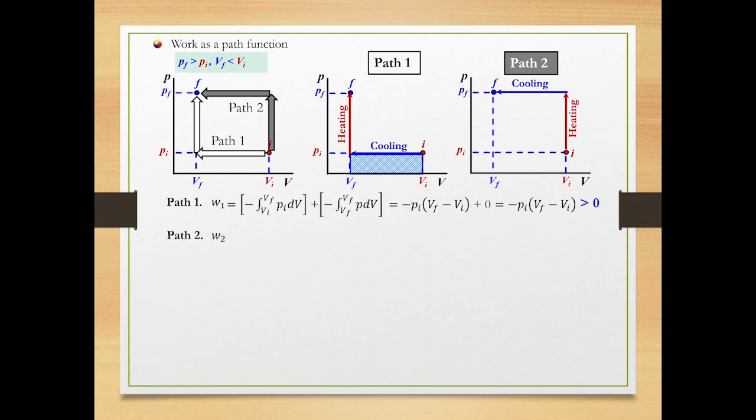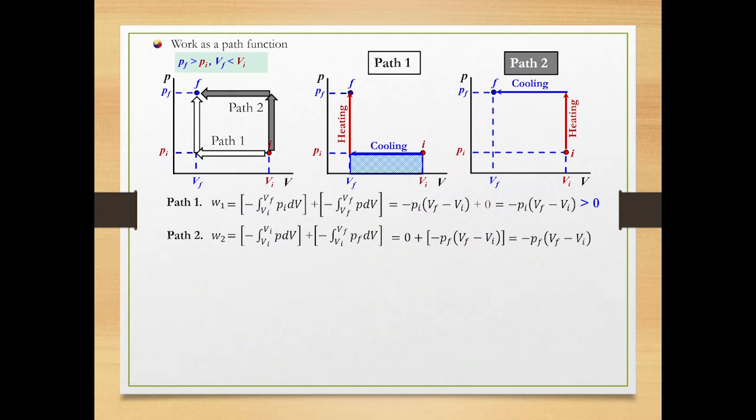The work done in path 2 is this. Negative integral from Vi to Vi P dV plus negative integral from Vi to Vf Pf dV. The first integral is 0, and the second integral turns out to be negative Pf times Vf minus Vi. Be aware that the final pressure Pf in the second integral is a constant.